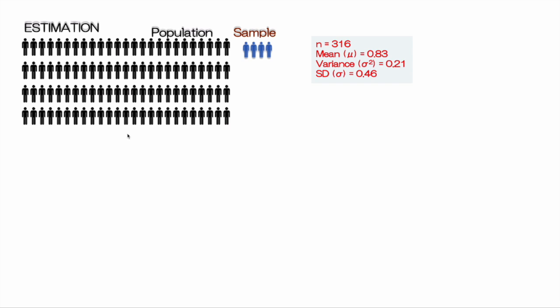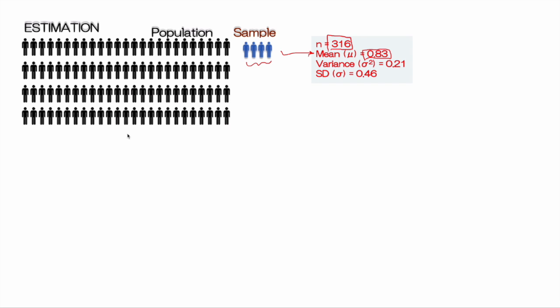In this example, we have a sample of 316 people, and you measured a variable, say something from the blood, as a continuous variable, and we measured the mean, which is 0.83 in the sample.